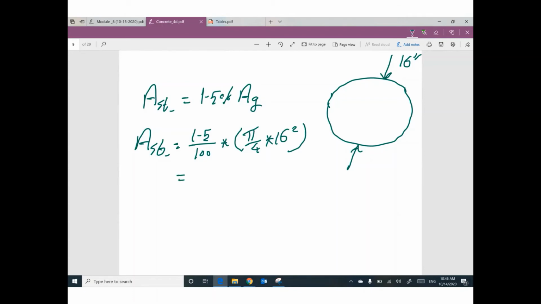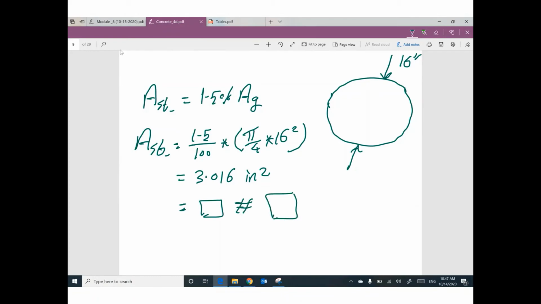Your area steel will be 3.016 inches squared. We need to convert this one to a number and size.